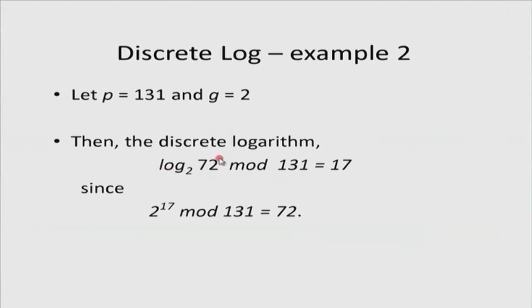The discrete logarithm of 72 to the base 2 modulo 131 is actually 17, and the reason this is true is that 2 raised to 17 modulo 131 is 72. So if you were given 17, then to compute this is straightforward. But if you are given 72, in general to compute this would be much less straightforward. So this is the discrete log problem, and this is modular exponentiation.